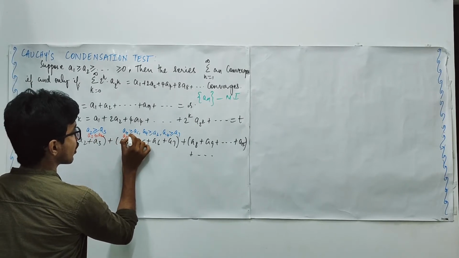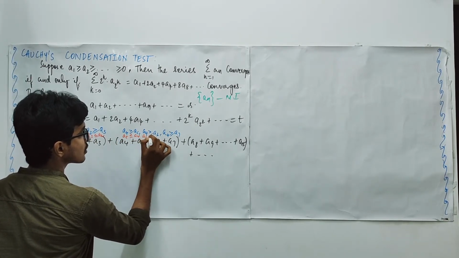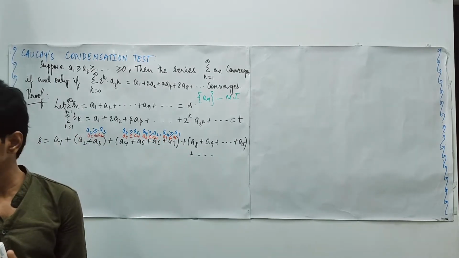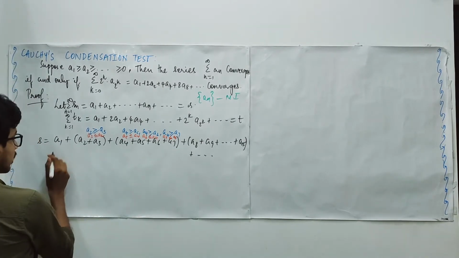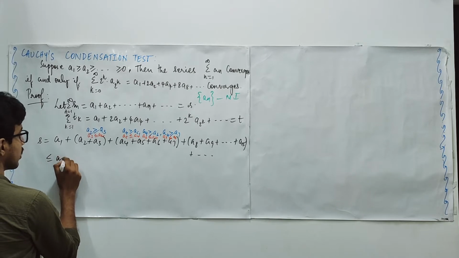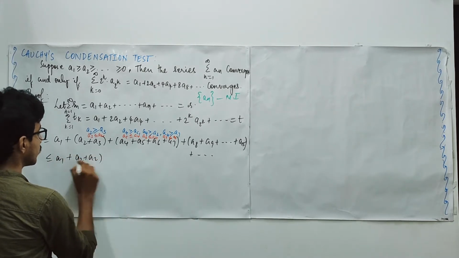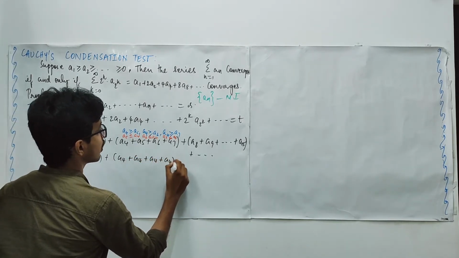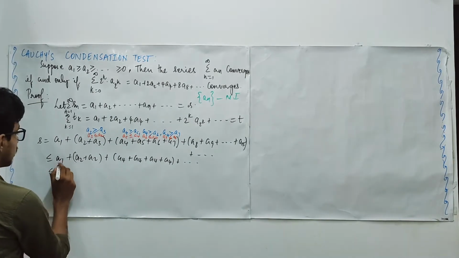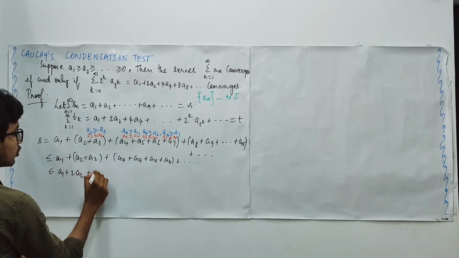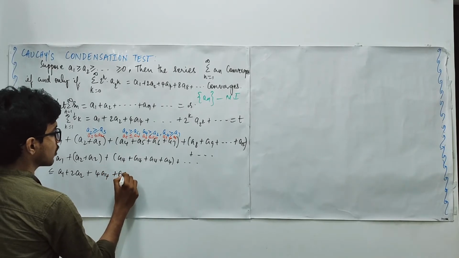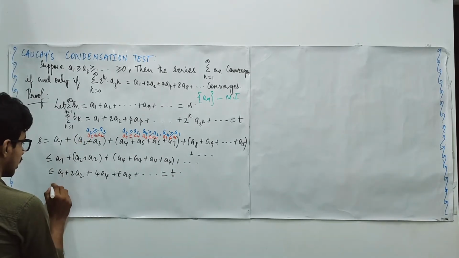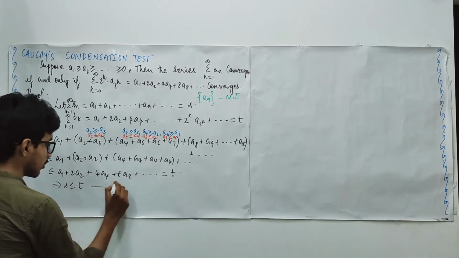Similarly, a5 less than or equal to a4, a6 less than or equal to a4, and a7 less than or equal to a4. Substituting this, s is less than or equal to a1, a2 plus a2, a4 plus a4 plus a4 plus a4, and it goes this way. You may notice this is a1, 2 times a2, 4 times a4 and 8 times a8, and it goes this way. What is this? This is our t. So finally s is smaller than or equal to t, and mark this as equation 1.